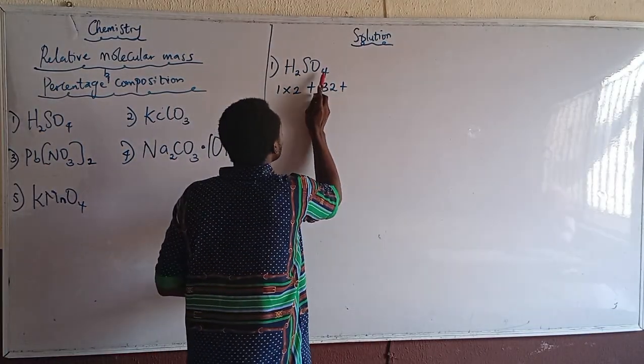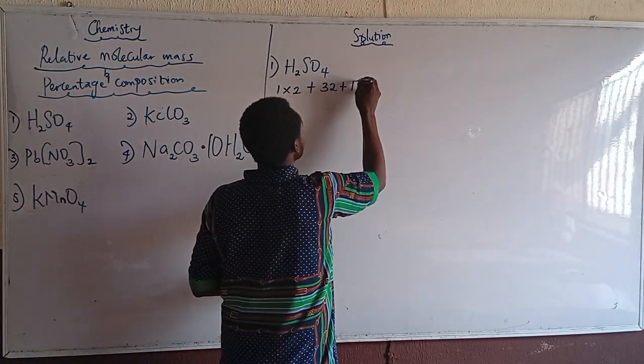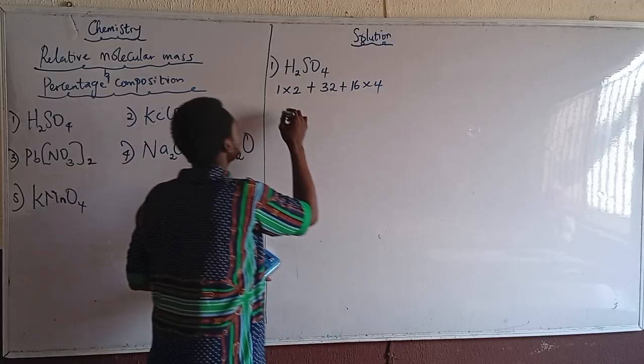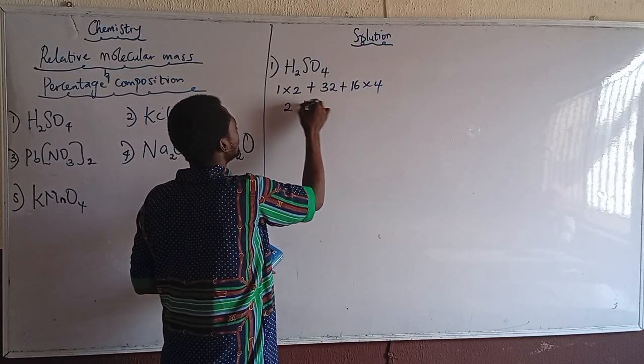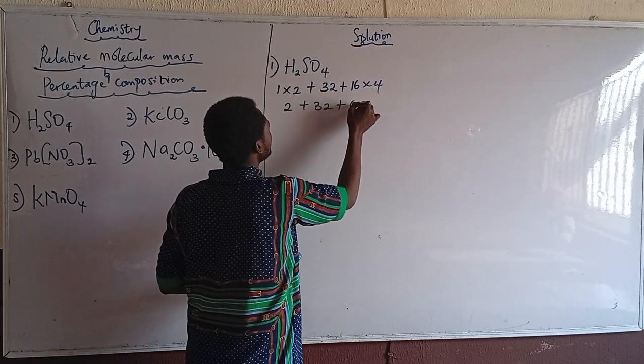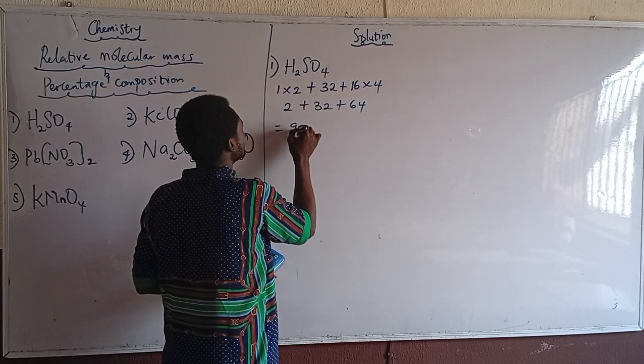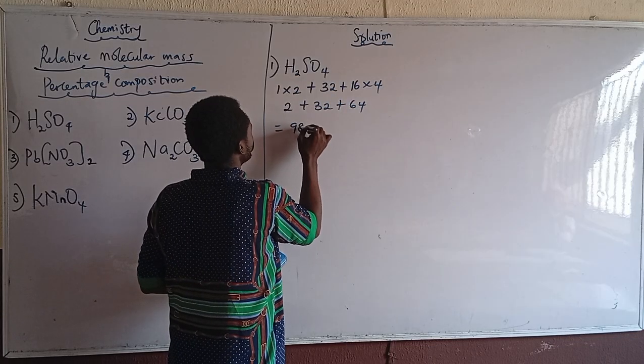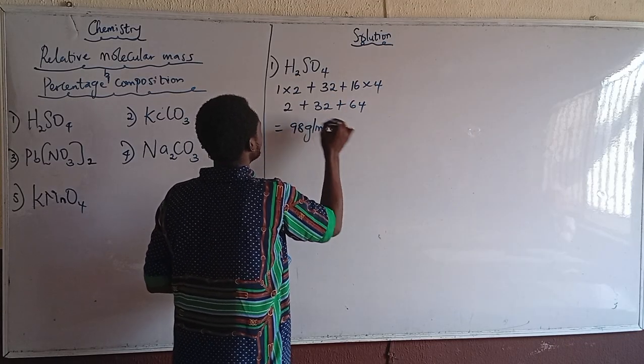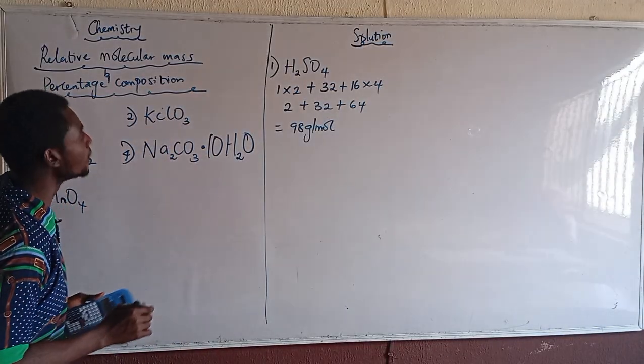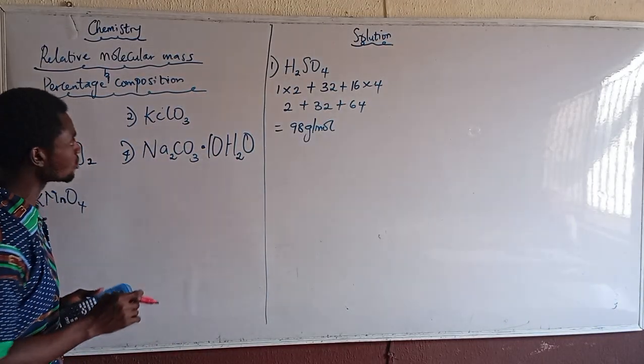But because I have 4 atoms, it becomes 16 times 4. So here becomes 2 plus 32 plus 64, which gives us 98 gram per mole. So this is the relative molecular mass of H2SO4.